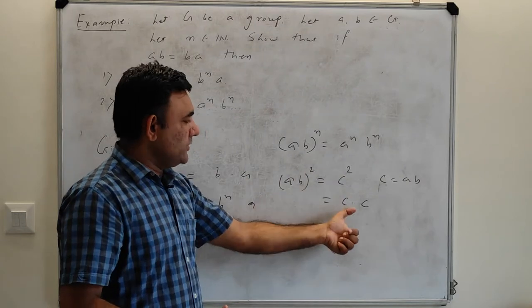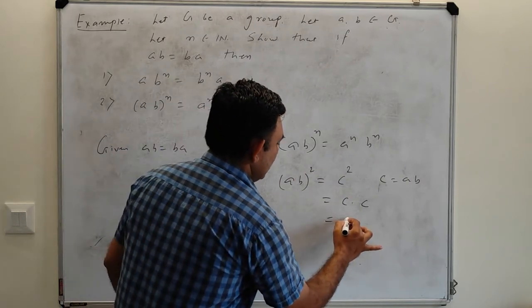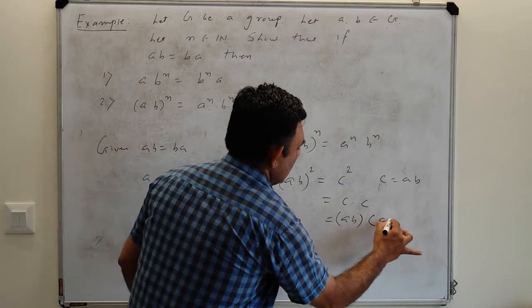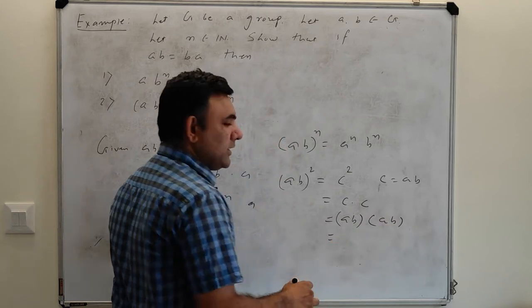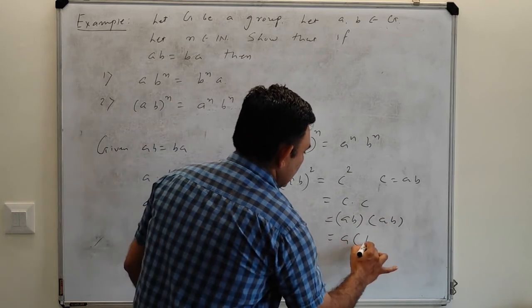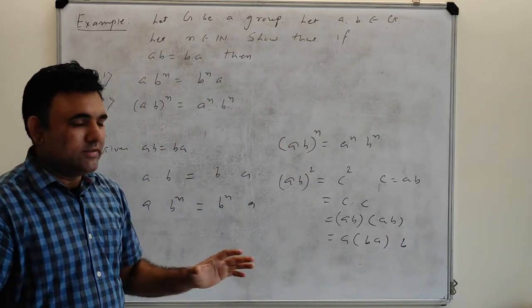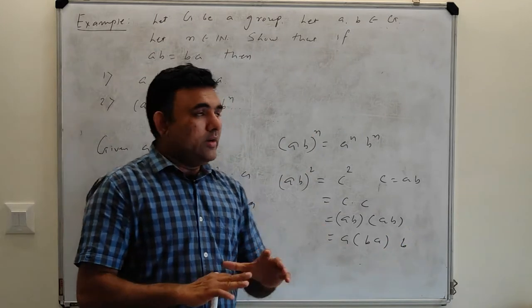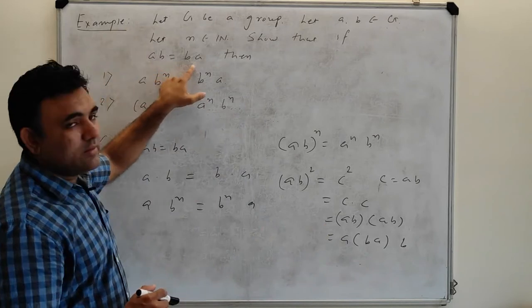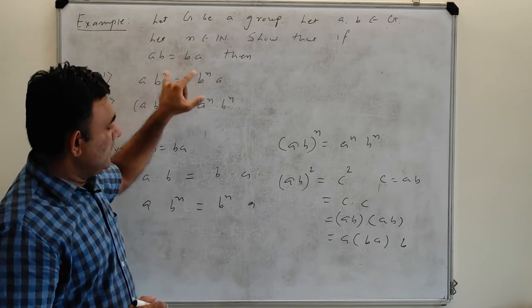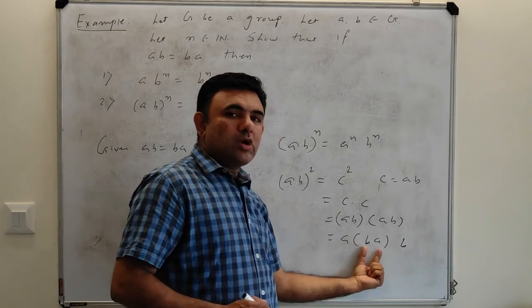So here C square, so it is C into C. So it is what? Simply AB, and we are working in group, so we have A, B, like this. Nothing more than this. So if you have no information about AB is equal to BA, then you can't do anything here.